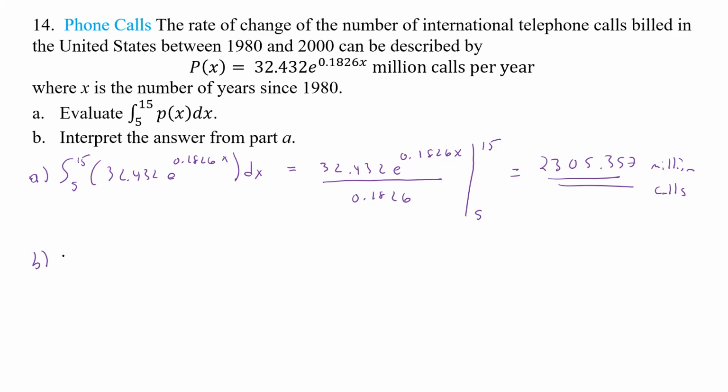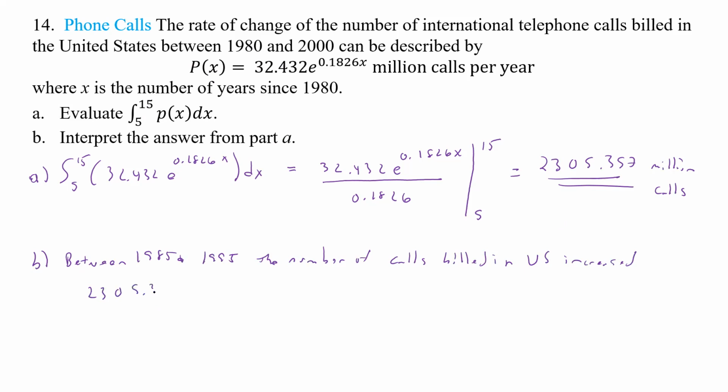Now, interpret the answer from part A. All right, well, part B says between 1985 and 1995, it looks like. So between 1985 and 1995, the number of international calls billed in the US increased by 2305.357 million calls.